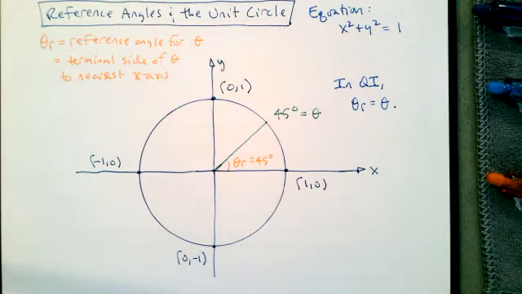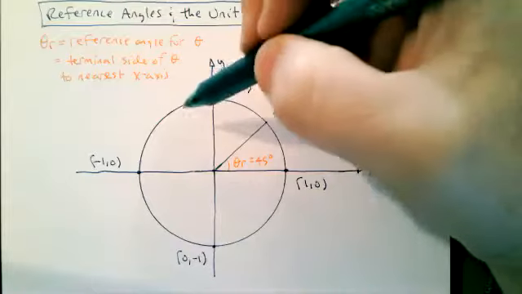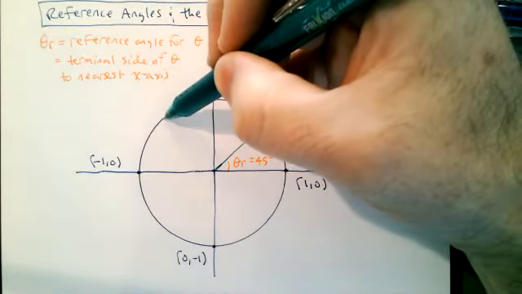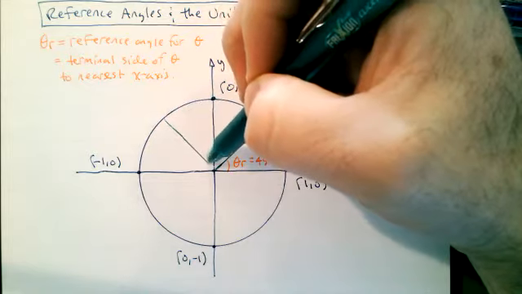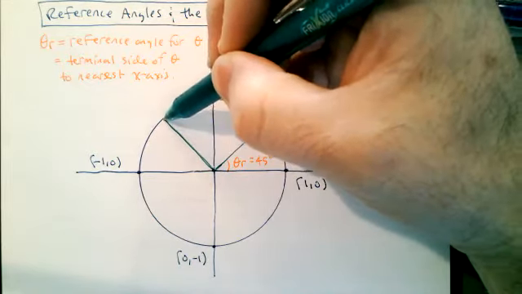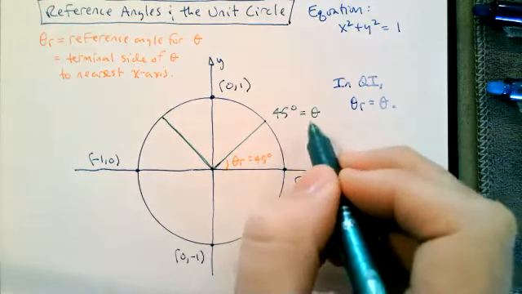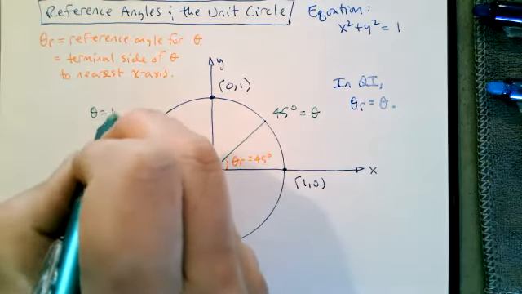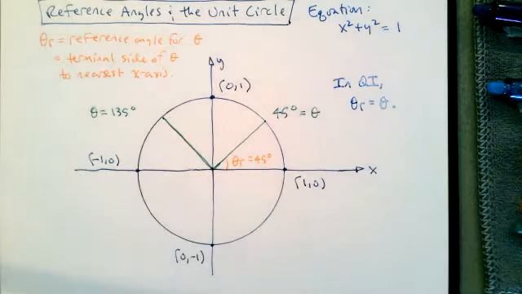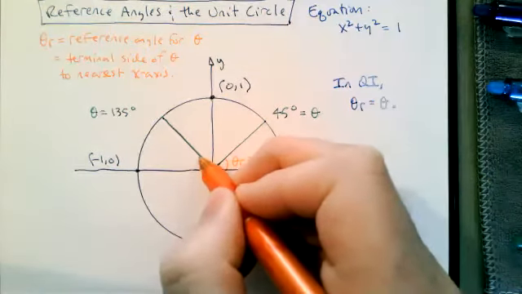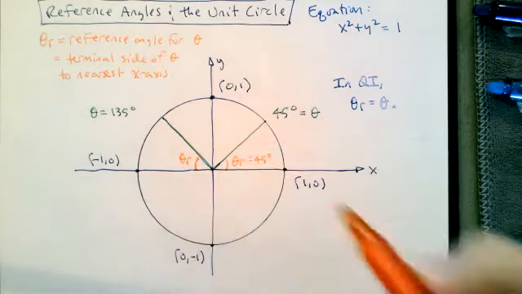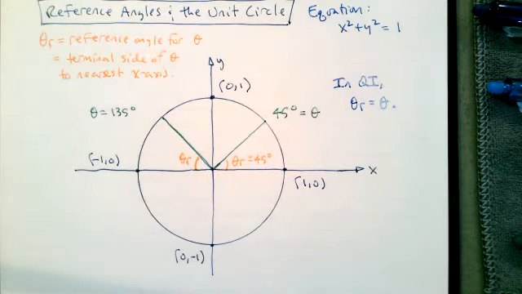So let's put an angle in the second quadrant. I'm going to draw a random angle. So here, if we have theta equal to 135 degrees, to find the reference angle, I go from the terminal side of theta to the nearest part of the x-axis, which in this case is going to be the negative x-axis.